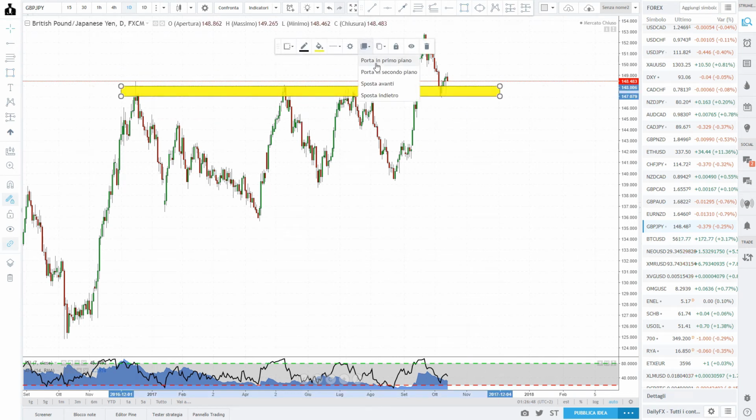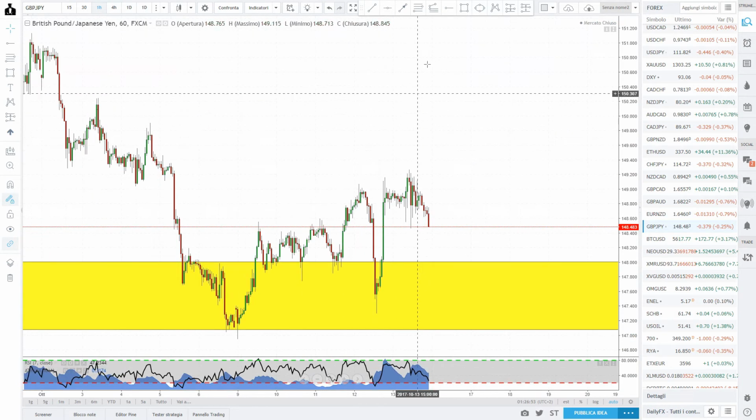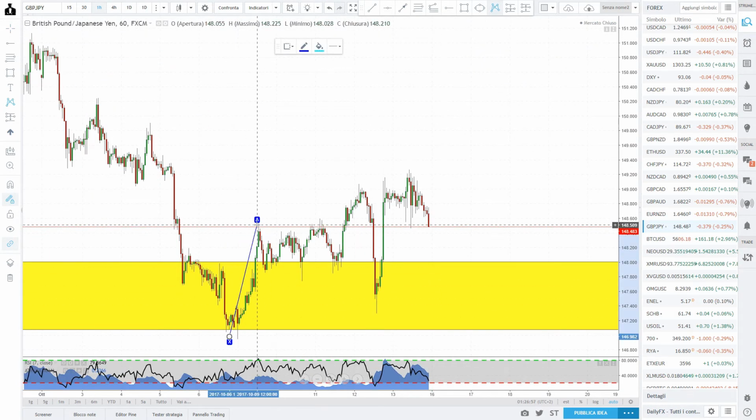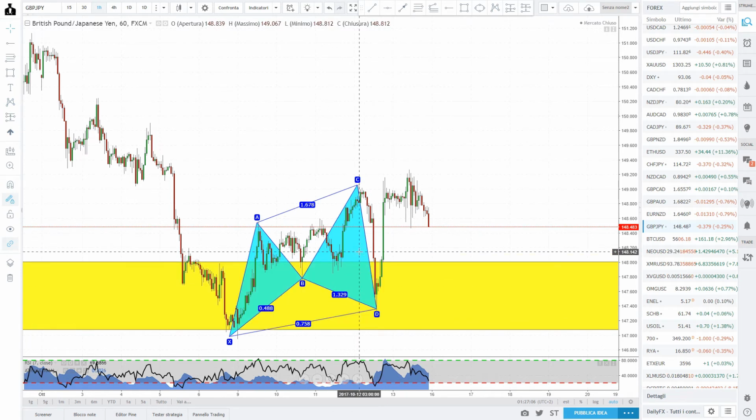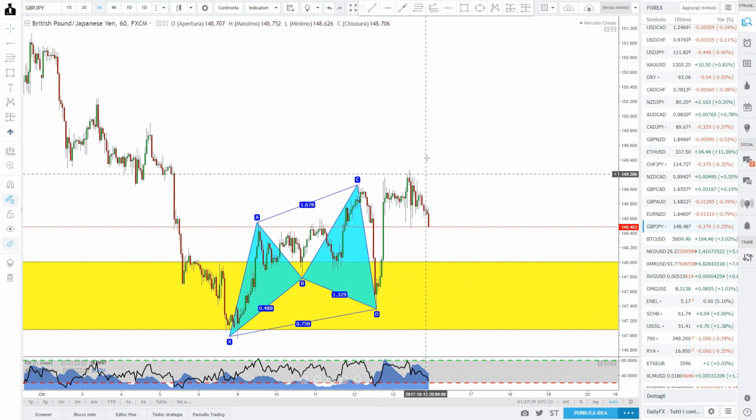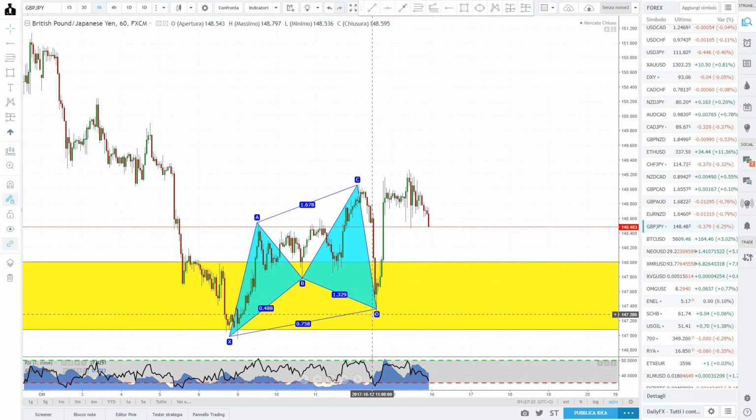Actually, I've published one analysis on this right here, because we had a Cypher right here, very good Cypher. Unfortunately, I wasn't able to take that because I noticed this formation when price was at the second candle above, after the entry, after the D point, and price didn't come back.